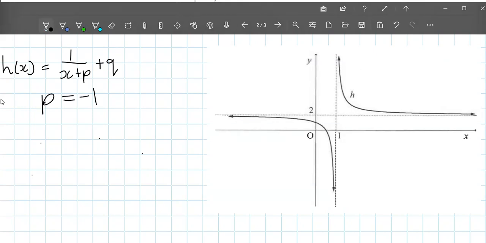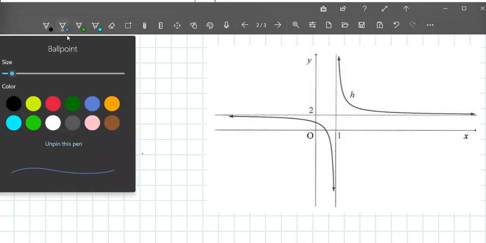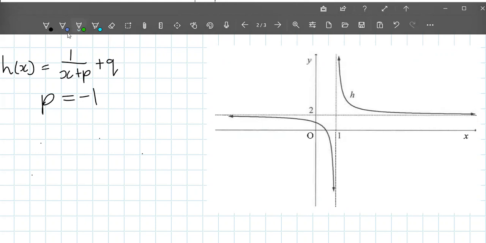So p is equal to minus 1. Look at your vertical asymptote. And the reason it's minus 1 is everything to do with the x's in this standard form goes to the opposite of what you think.